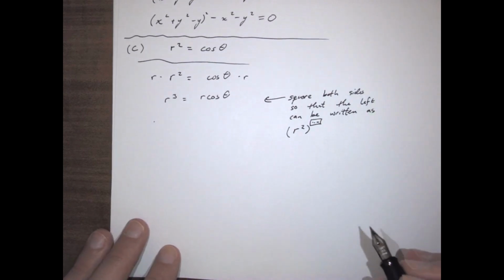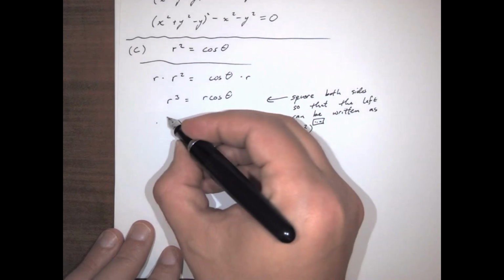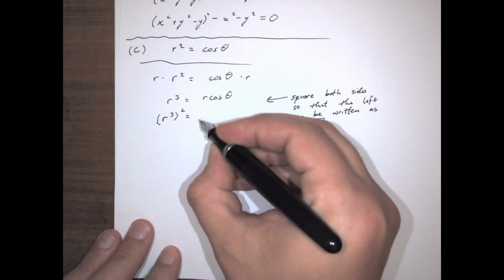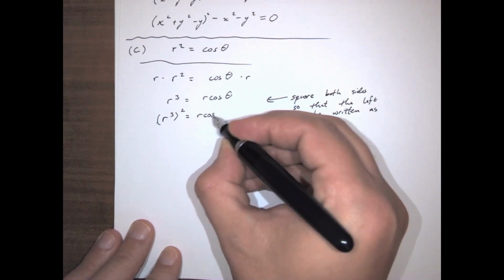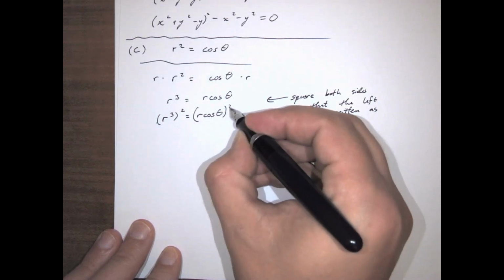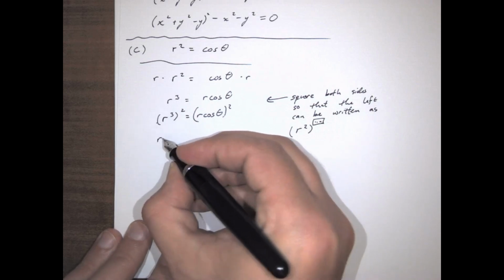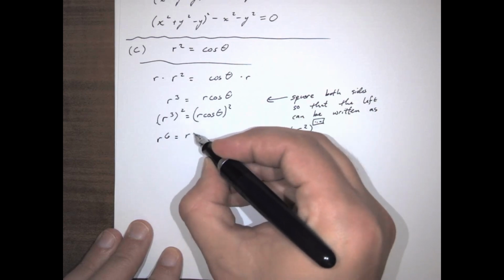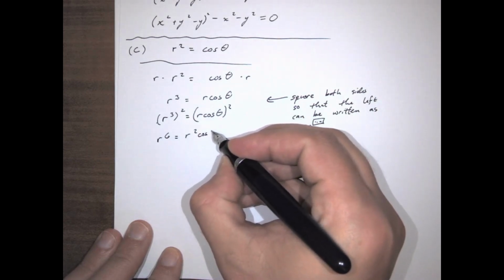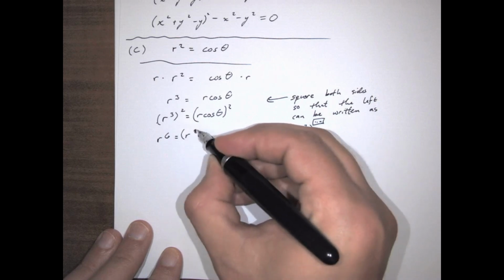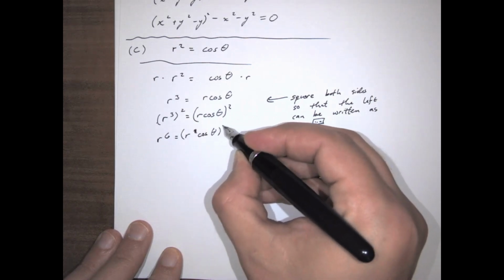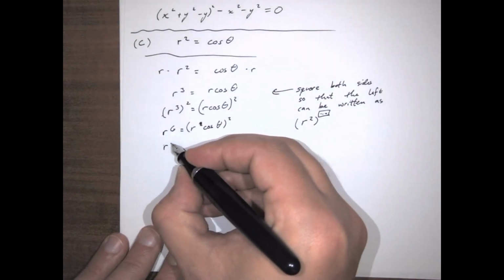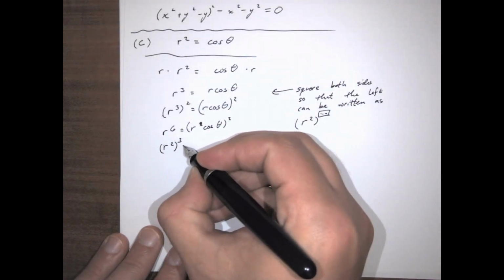Okay, because then we would be able to convert it. So we square both sides. And that's going to mean r to the sixth on this side. And then r squared cosine squared. Actually, better yet, I'll just leave the right as r cosine theta squared. And this is the same as r squared all to the third power.